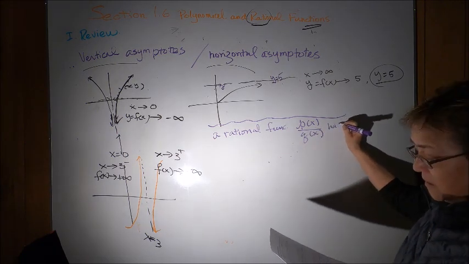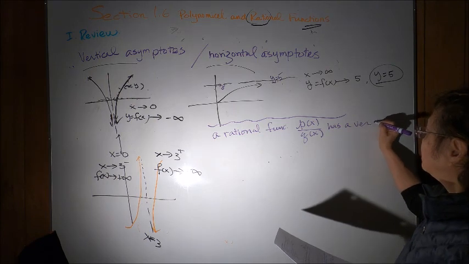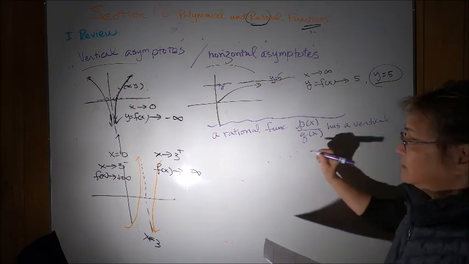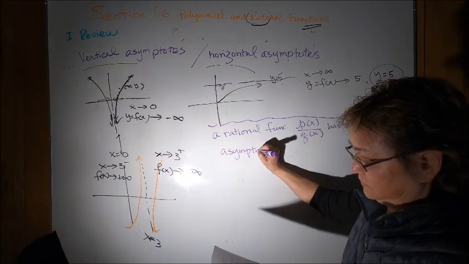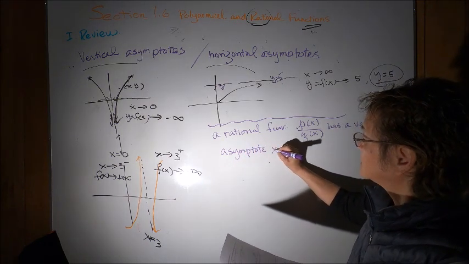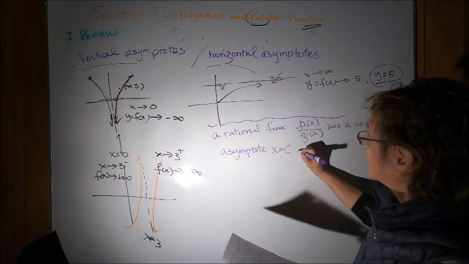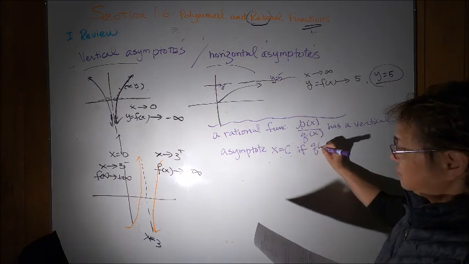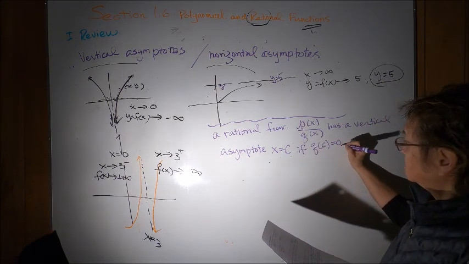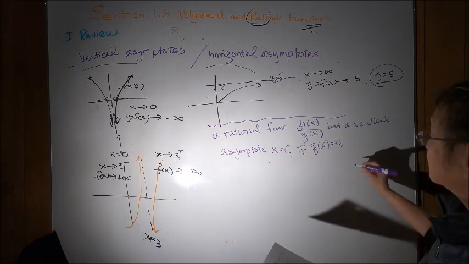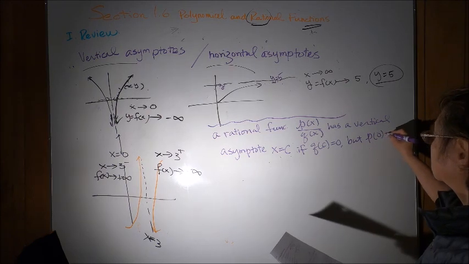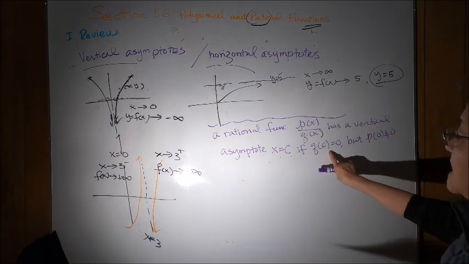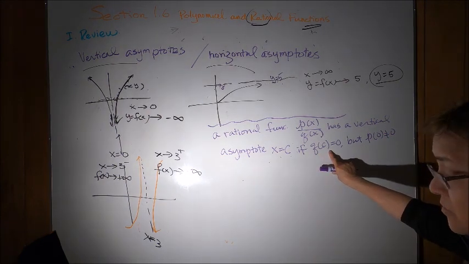It has a vertical asymptote x equals C if Q of C equals 0, but of course the top one is not 0. That means when the denominator is 0.